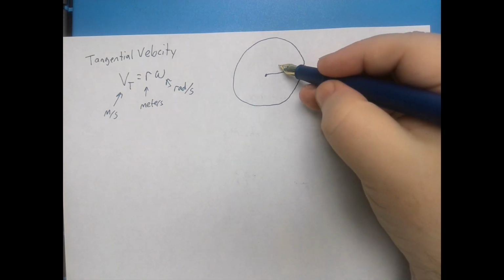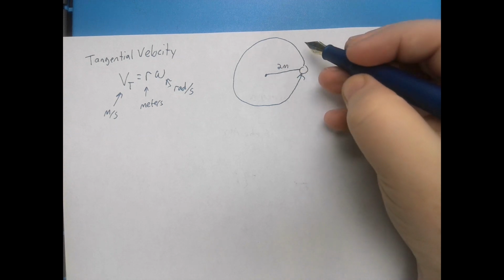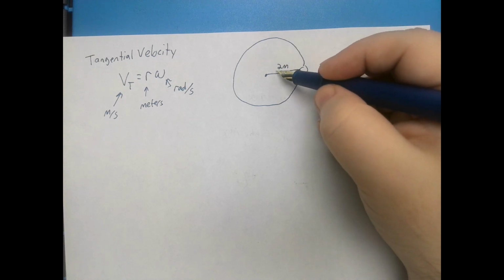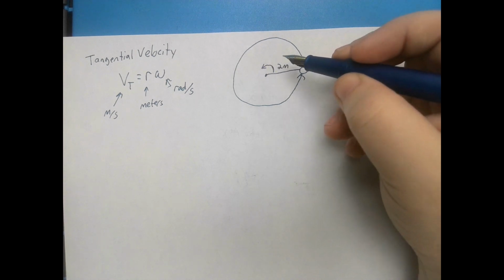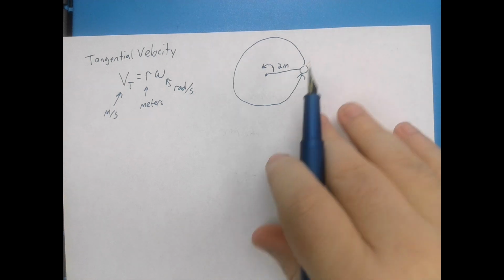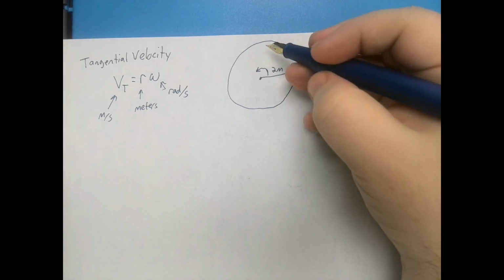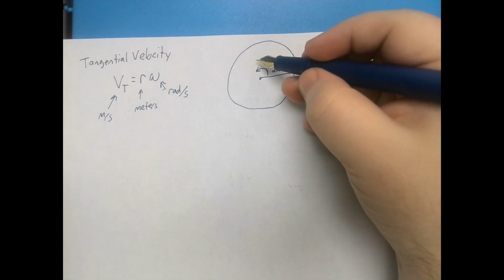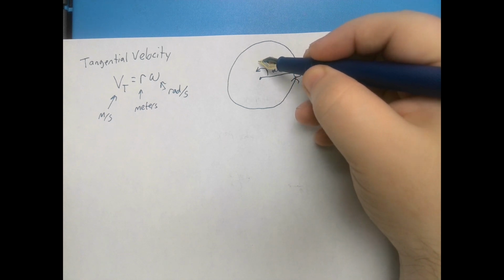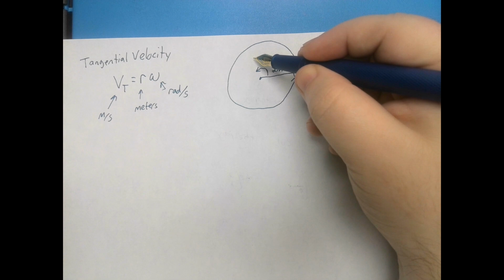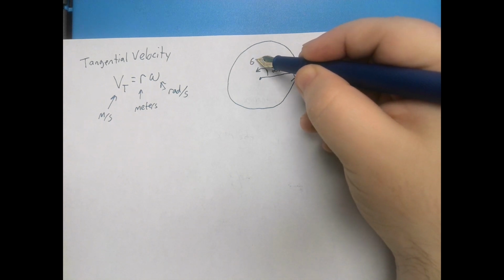Let's say the string is 2 meters and it is rotating at a speed of, let's do 60 RPMs.